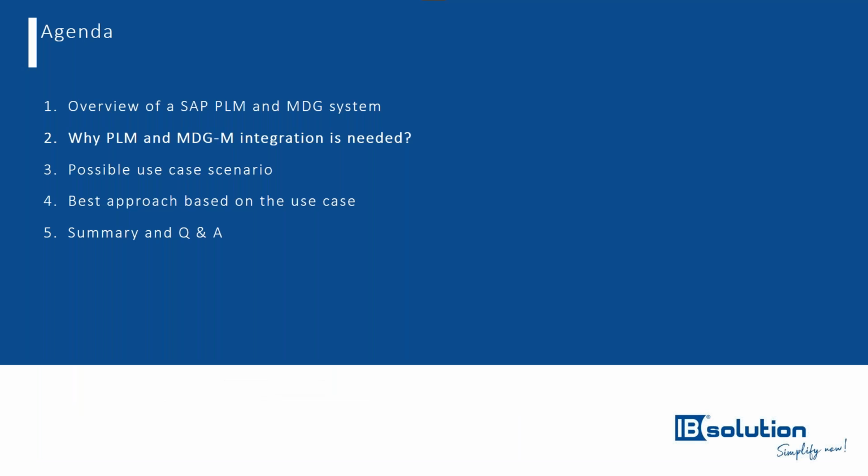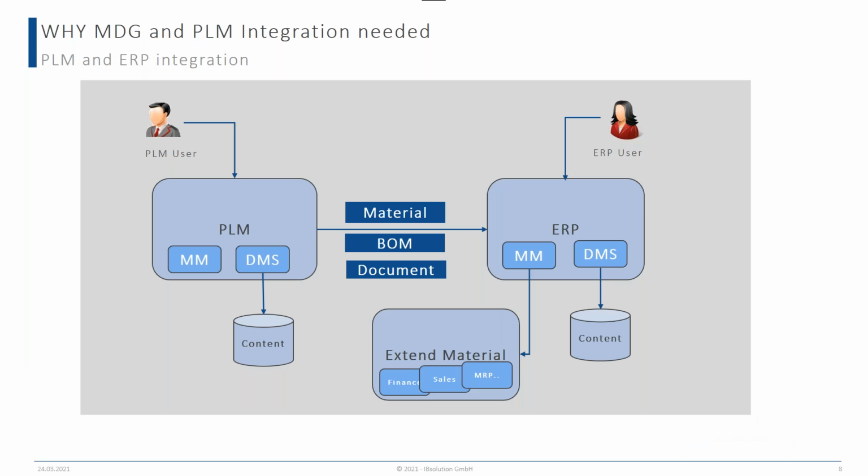Okay, so we have quickly seen PLM and MDG and how both systems work. And now, why do we need to integrate the PLM and MDG systems together? What's the need for it? Actually, SAP Master Data Governance MDG supports the creation and modification of master data within SAP ERP.